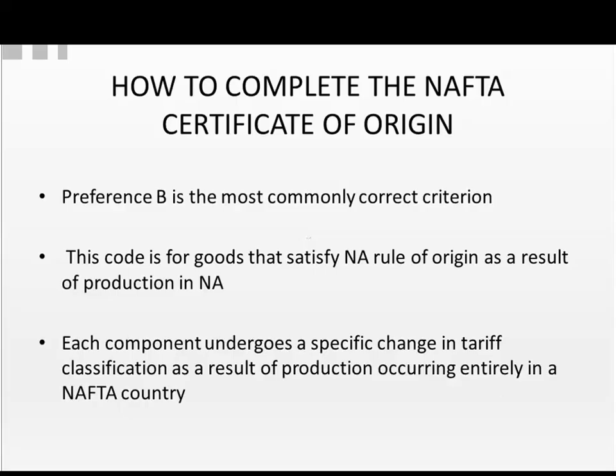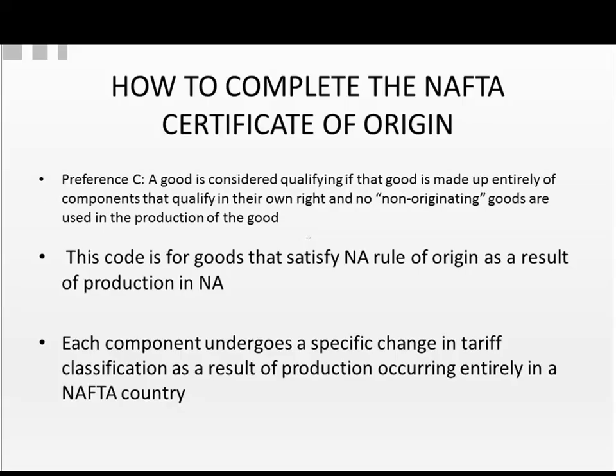Remember, that means each component undergoes a specific change in tariff classification as a result of production occurring entirely in a NAFTA country, or I should also say it satisfies the regional value content methodology. And remember what we talked about: the net cost calculation of 50%, or the transaction value of 50%, and the net cost method of 60% of NAFTA materials.